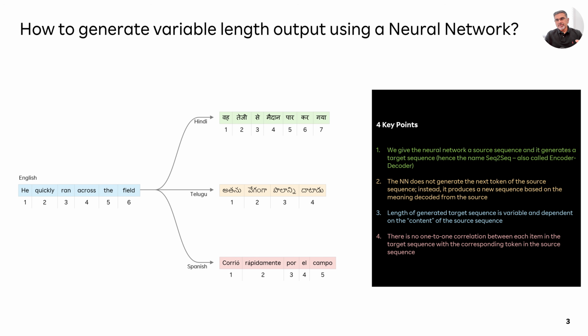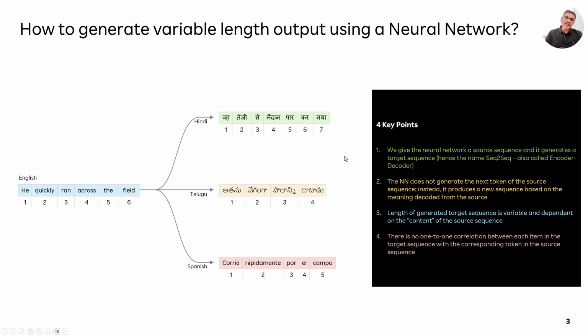The other interesting observation here is that if you notice the target sentence, the words do not have a one-to-one mapping with the source sentence words. For example, in English, he quickly ran across the field, the word field is the last word in the sentence. But in Hindi, the corresponding word for field, which is sixth in English, is actually Maidan, which is the fourth token in Hindi.